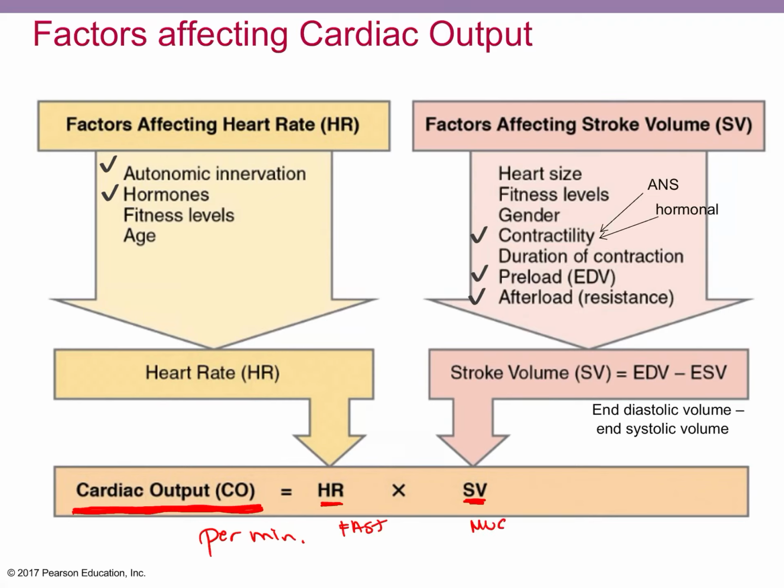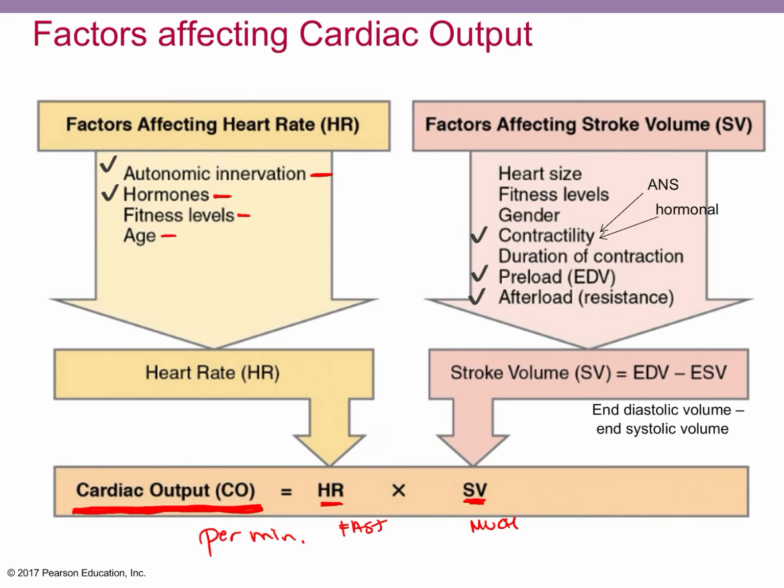This is how fast our heart pumps, and this is how much it pumps out. Looking at the heart rate, how fast your heart beats, this is going to be due to a few different factors. We're going to look at autonomic innervation, your parasympathetic and sympathetic fibers. We'll look at some hormones, but also what comes into play here is fitness levels and your age.